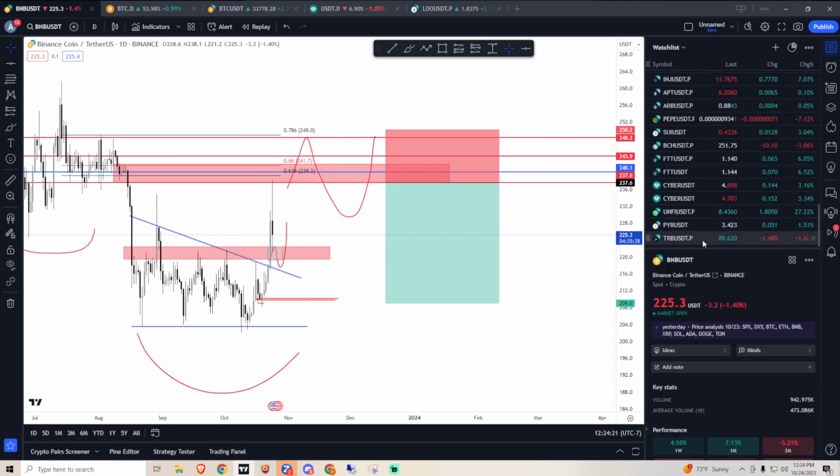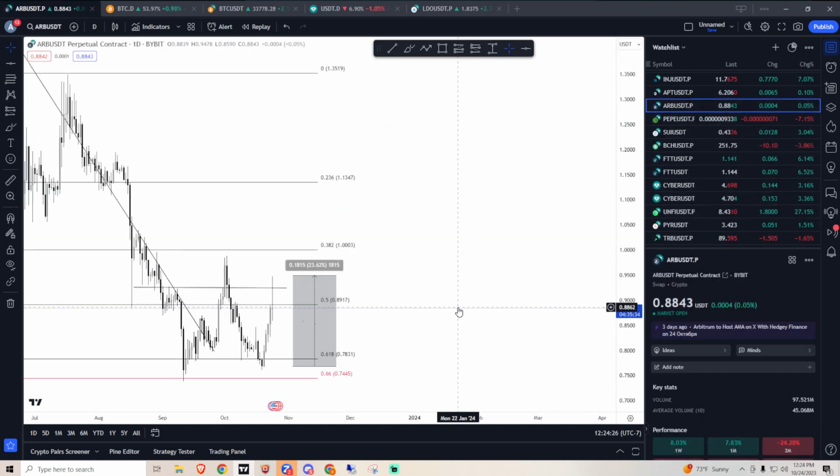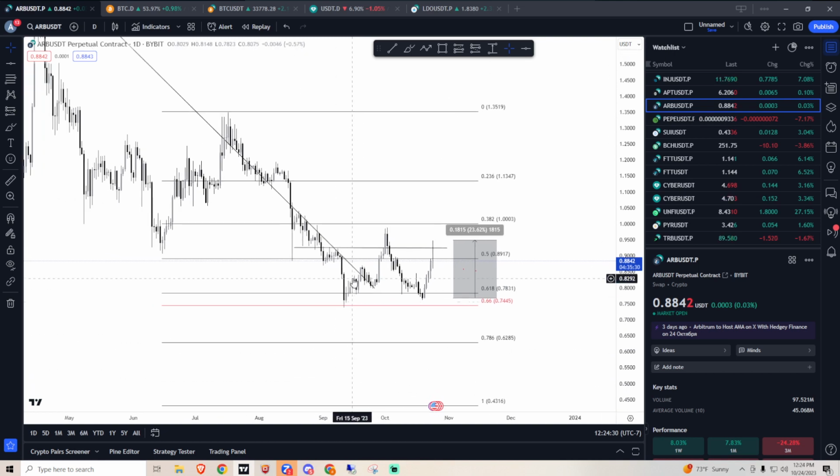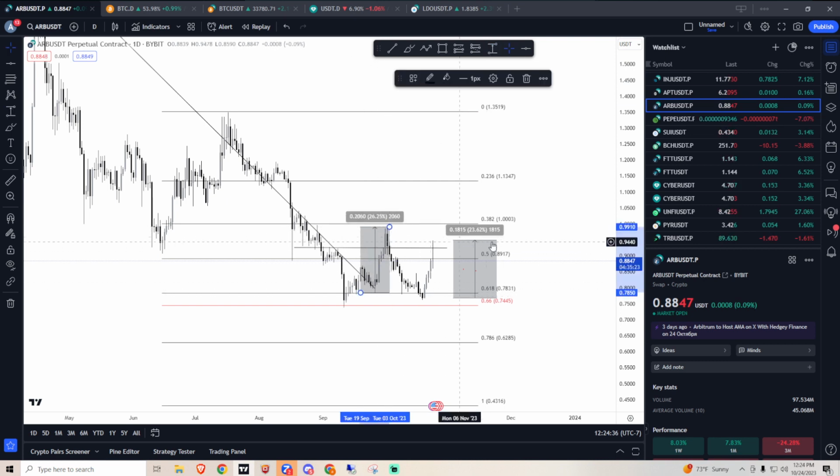A good example of it is going to be ARB. So whenever we got down to the fib, we had a reversal point, and same with here.